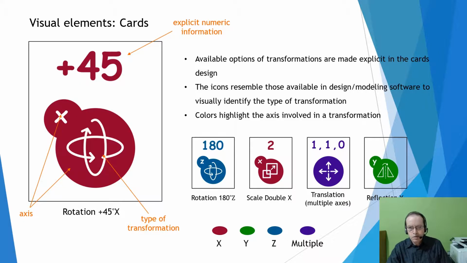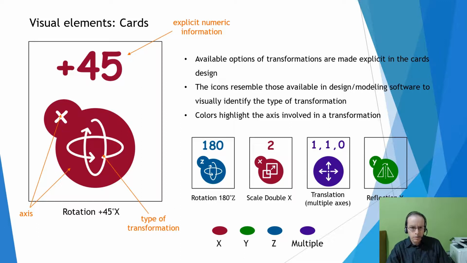Regarding the cards design, we have incorporated visual elements as well as embedded numeric information. For example, the colors mean some specific axis, or in the case of purple, it means that more than one axis is involved in one transformation.